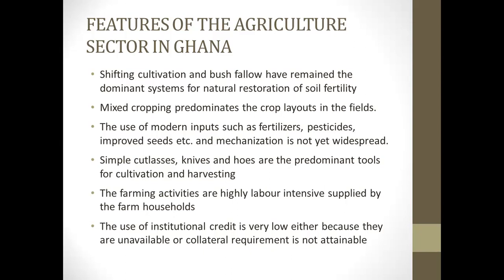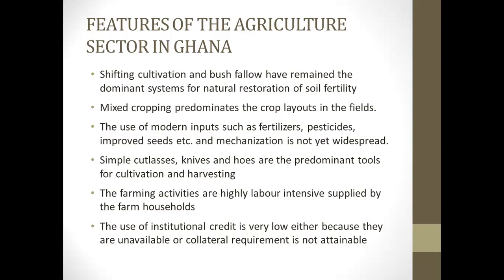So you shift from that land and move to another land. You leave the other land there to regenerate its fertility. The space of time of leaving that land to become fertile again is like you are wasting a lot of productivity for that period of years or months. So this is also one of the challenges, but just know that this is one of the features too.